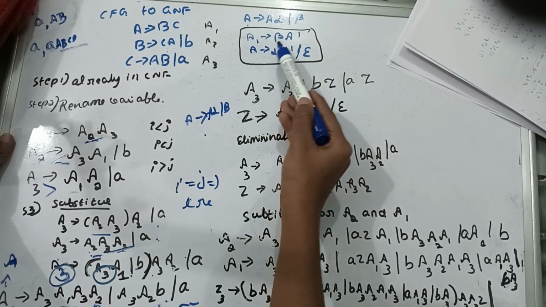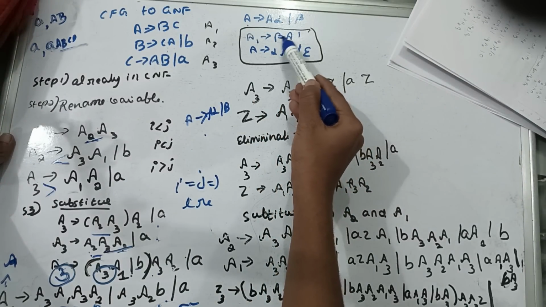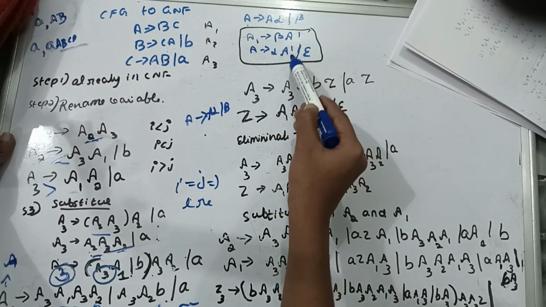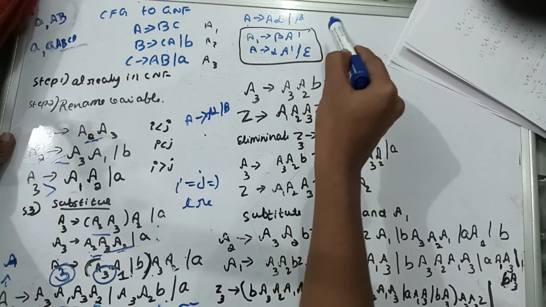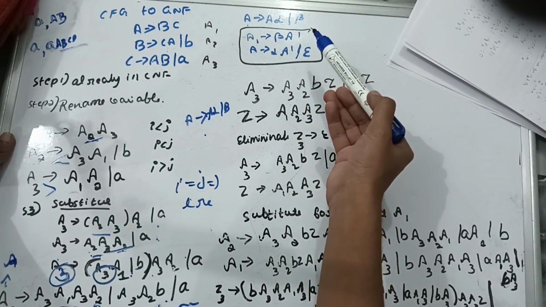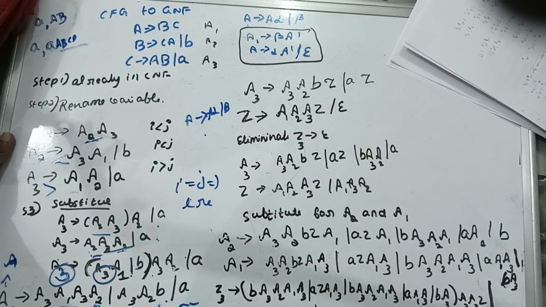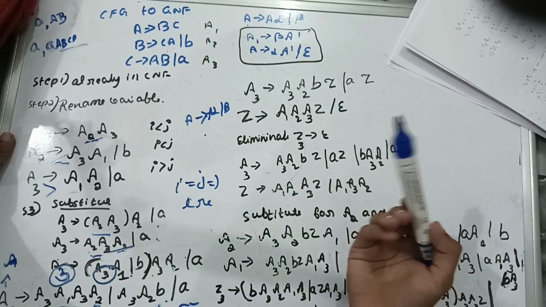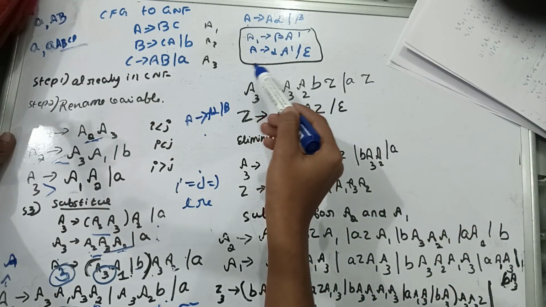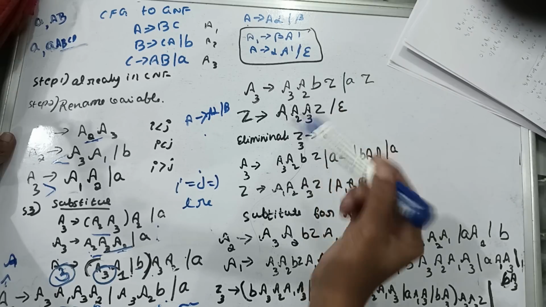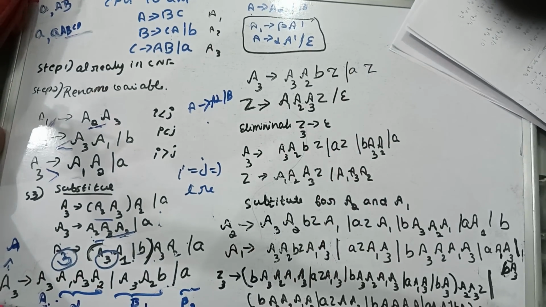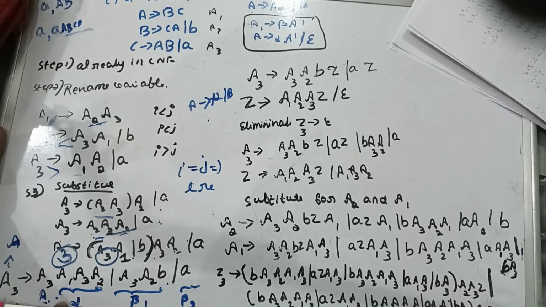A gives beta A dash, where A dash is a new variable we are substituting; in that place we can substitute anything. And A dash gives alpha A dash or epsilon. So A3 gives beta A dash.